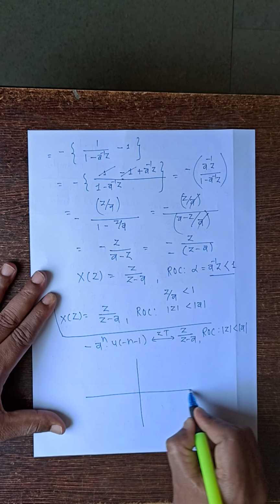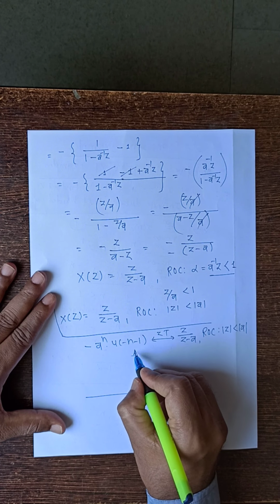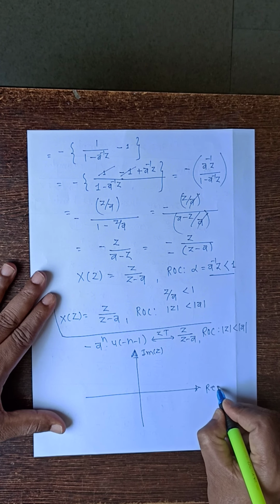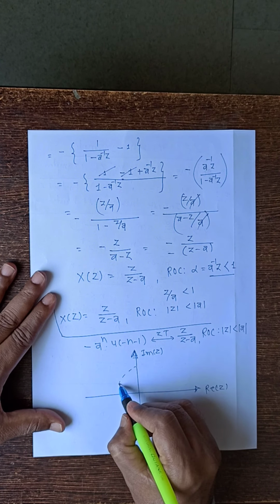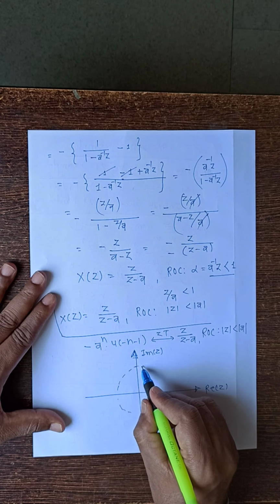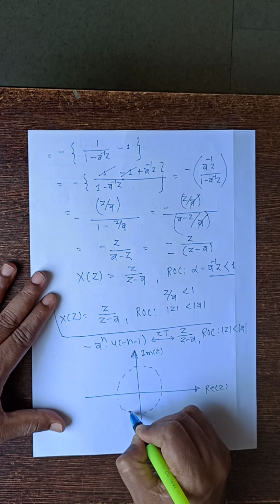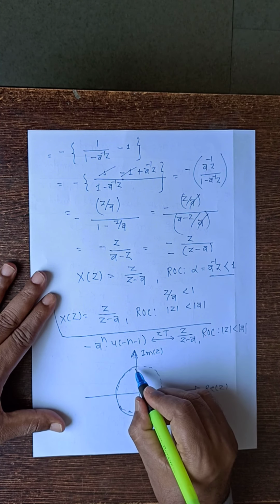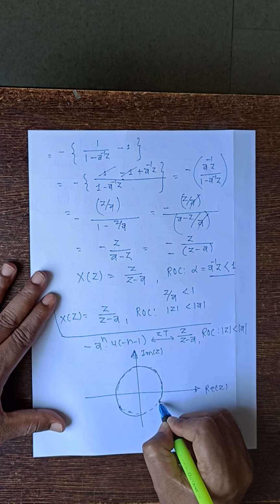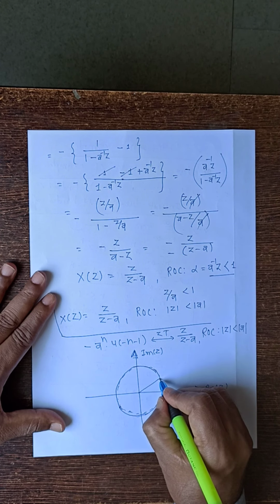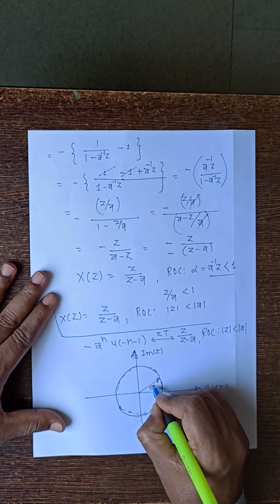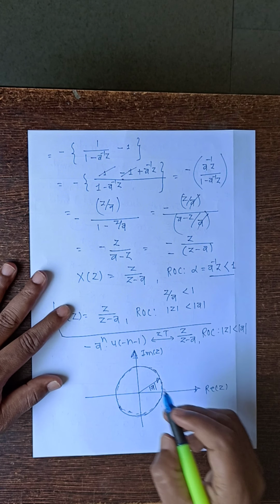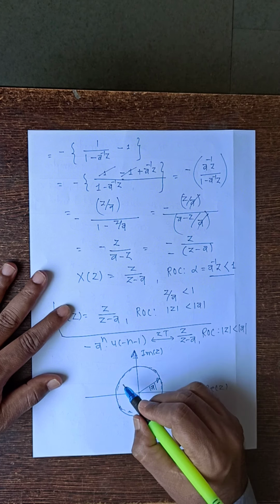draw the ROC of this using the z plane. So the z plane is nothing but, this is the imaginary part of z, this is the real part of z. Now we will draw the circle. So this is the circle. ROC is magnitude of z less than magnitude of a. So this is magnitude of a, that is the circle with radius a, and ROC is magnitude of z less than a, which means what?